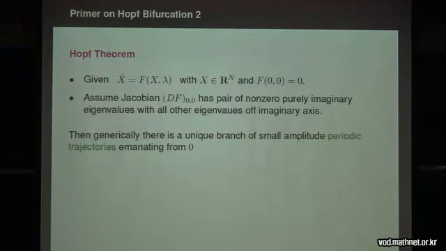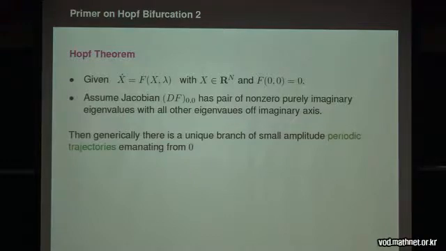The general Hopf theorem is that if you have a system of differential equations depending on a parameter lambda, in many dimensions, including infinity, because many versions of this work for PDEs, and you have an equilibrium, and if the Jacobian of the system at the origin, which is an equilibrium, has a pair of non-zero purely imaginary eigenvalues, with all other eigenvalues off the imaginary axis, then generically there is a unique branch of small amplitude periodic solutions emanating from the origin.